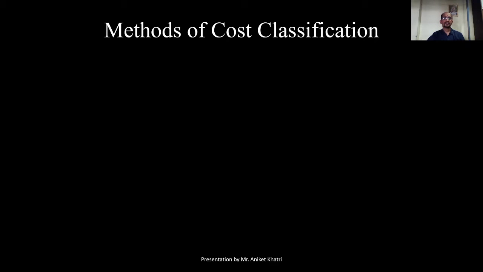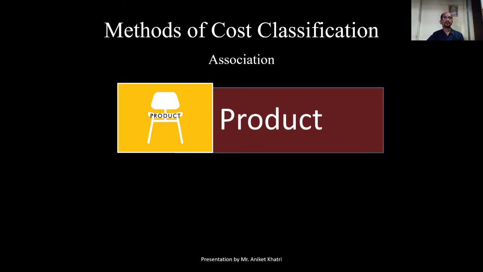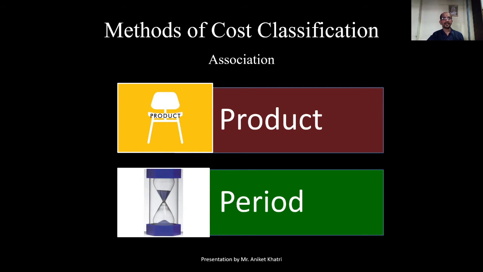Methods of cost classification. Cost can be classified in various ways. One of the ways is association. You need to associate the cost to what? Either to product or to period.